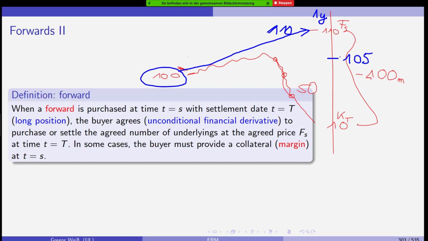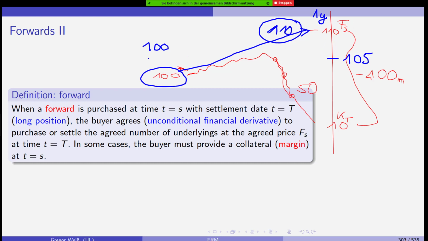Yes, you short sell 1 ton of steel. You get 100 now. You put it on a bank account. You get 10% interest. So you have 110 here. And you go short in the future, meaning that you have to deliver a ton of steel for 105. So you get 110 minus 105, and you have a risk-free profit of 5.